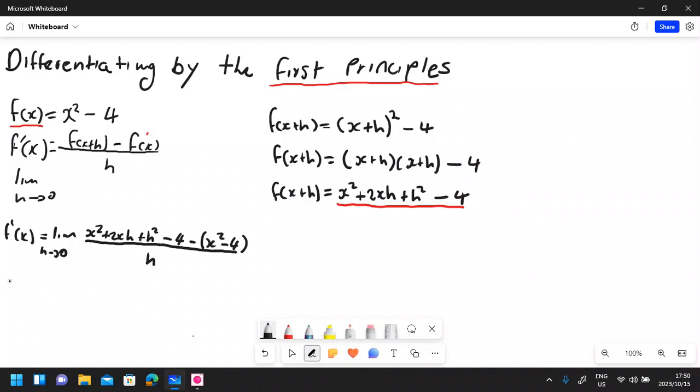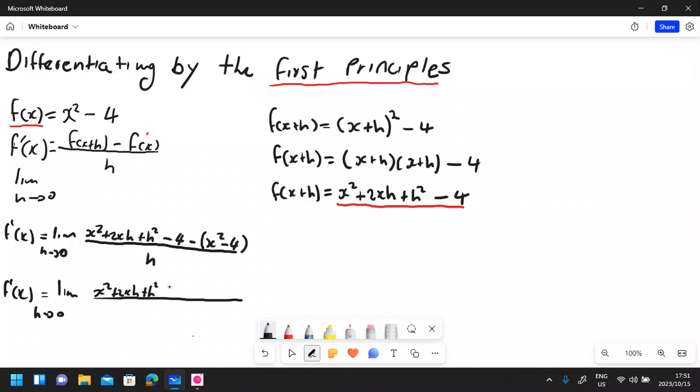Let's simplify f of x prime, and then we write the limit as h approaches 0. So when it's like this, guys, the f of x plus h result, we keep it like that. We keep on writing it like this because nothing changes.